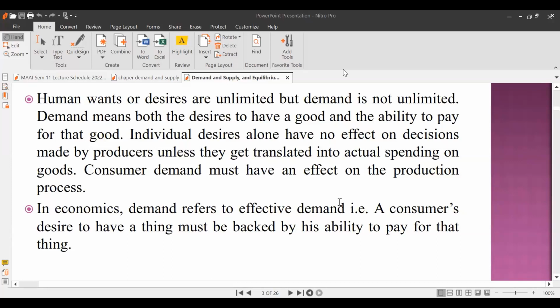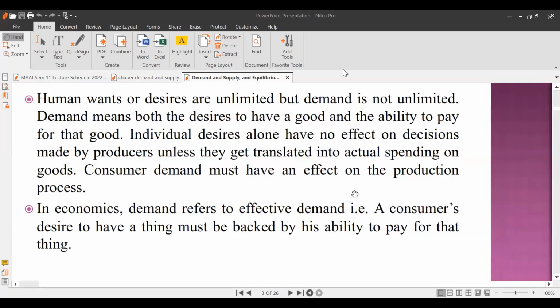So people may have different desires, but if we don't have enough money to purchase or to fulfill those desires, definitely there will not be an effective demand.